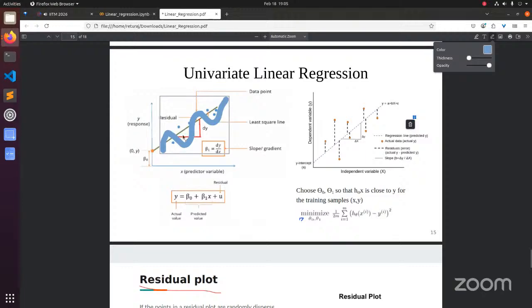Assume that all the blue dots came from this thick blue line, which is of degree n equal to 5. But we really don't know the degree.